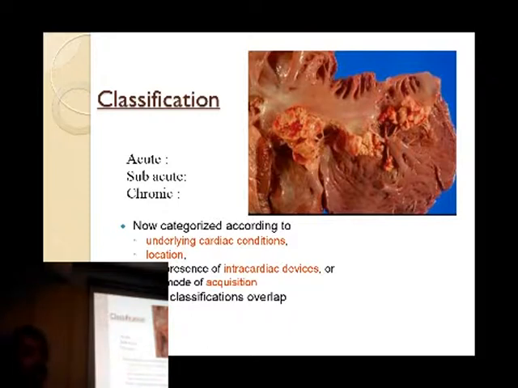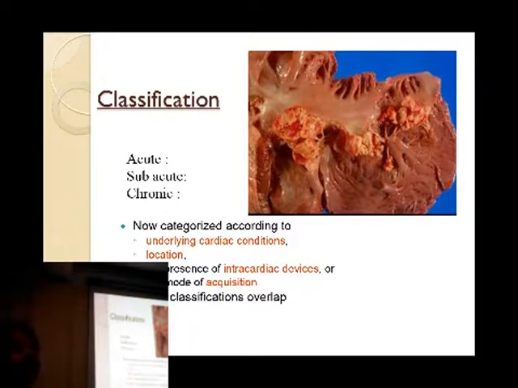We classify infective endocarditis according to the cardiac condition, the location, whether it's mitral valve, tricuspid valve, or right-sided endocarditis or left-sided endocarditis, whether it is on an endocardiac device or prosthesis, and also considering the mode of acquisition, like nosocomial or acquired from normal mucosal flora.